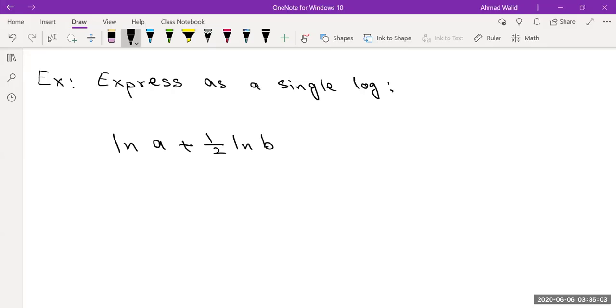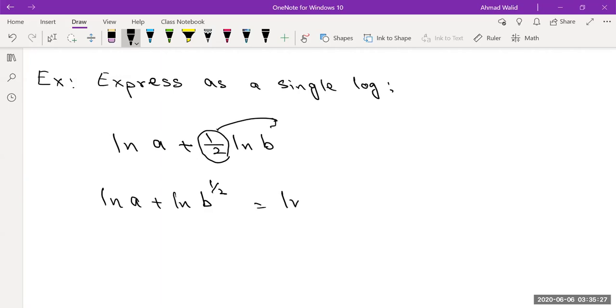Again, rules of logarithms. Right, as one single logarithm, if you see a number in front of ln or log, you have to move it to the exponent first. Then you can write ln A plus ln B to the power of 1/2. Now, we change addition to product.